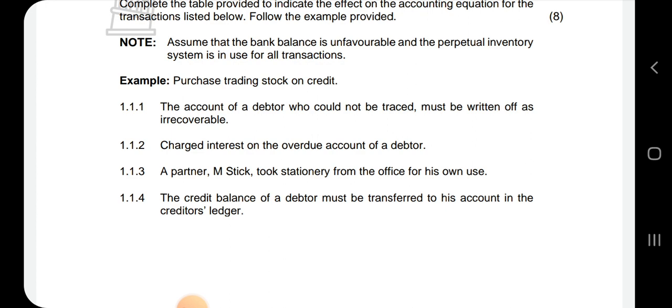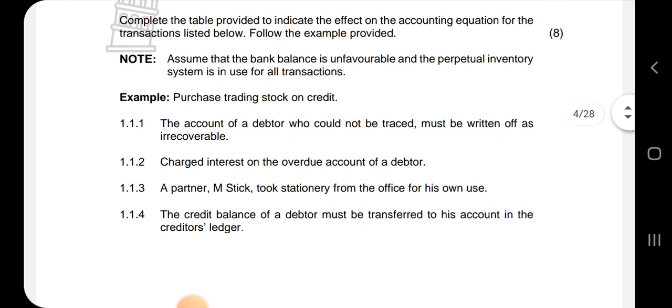Expense is part of owner's equity. It will increase, and owner's equity will also decrease because drawings decrease owner's equity as a whole. So under the owner's equity, you will have a minus and a plus, showing that there's a decrease and also an increase.